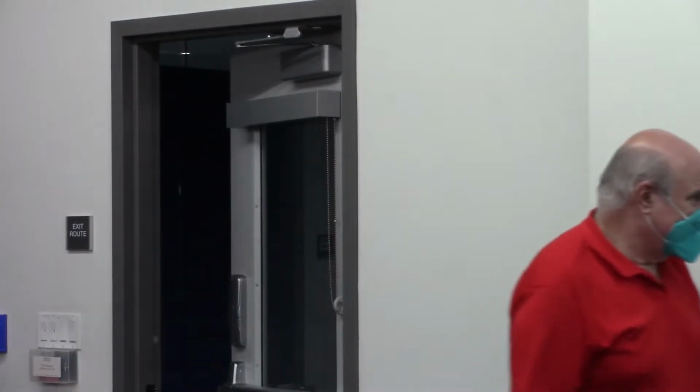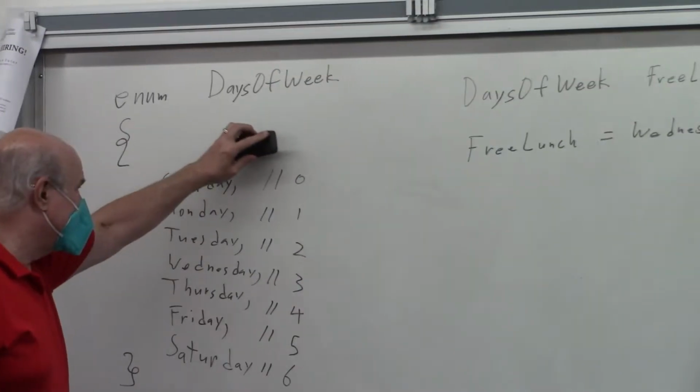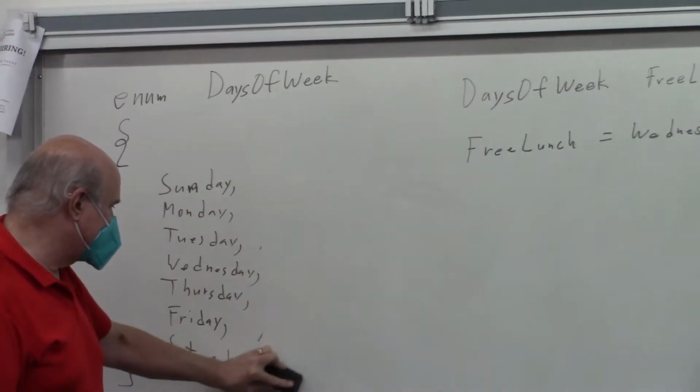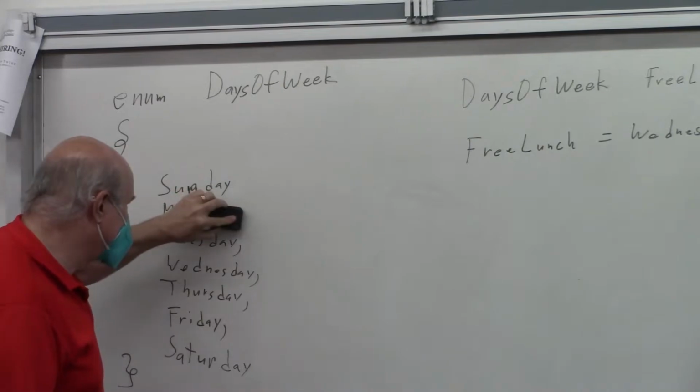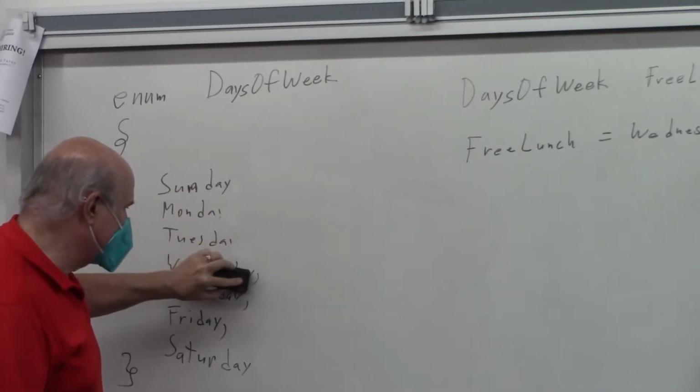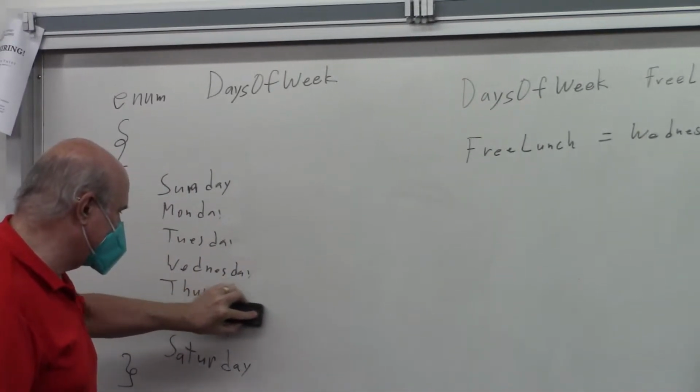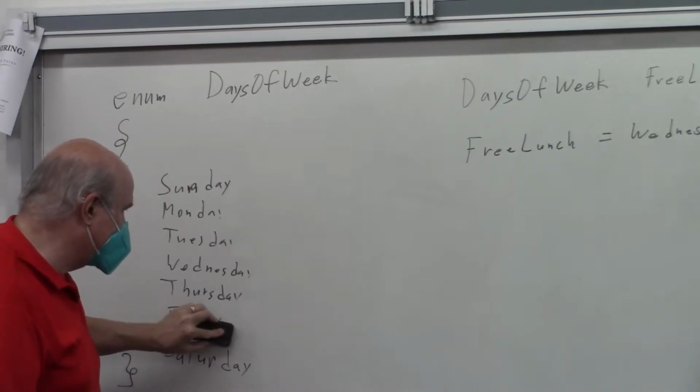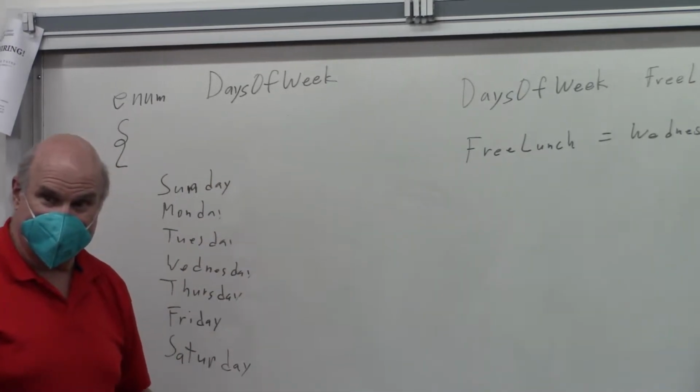Okay. Now let's suppose I'm not thrilled about being a zero relative person, where things start at 0, because by default, if you do not do what I'm about to do, they start at 0 and go up sequentially.